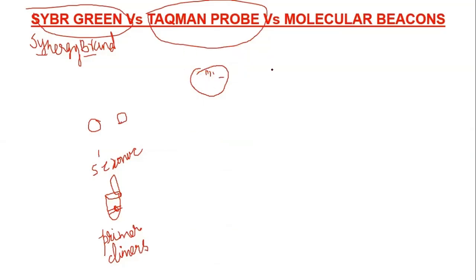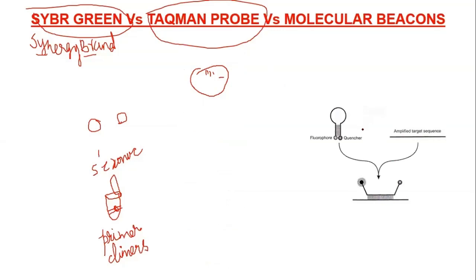Next is molecular beacons. It is the same as TaqMan probe, except that the probe is like a stem-loop structure. Stem here and the loop here. The loop DNA sequence is complementary to the target DNA or the amplicons.